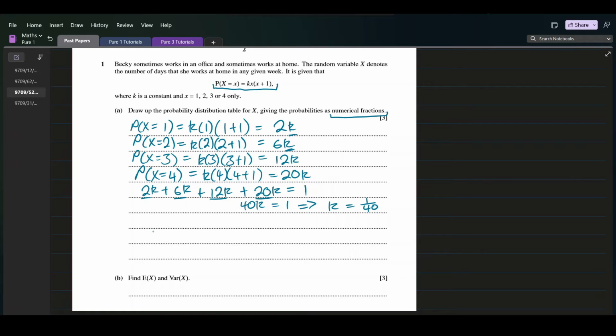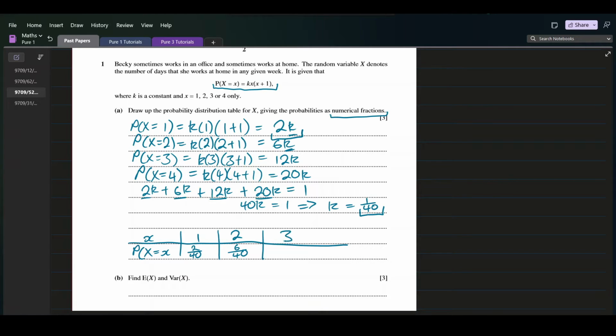So now let's draw up our probability distribution table. We've got x and the probability that X is equal to x. Let's draw a line over here. When x is 1, it's 2 times k, so that's 2 over 40, because our k is 1 over 40. When x is 2, that's 6 over 40.